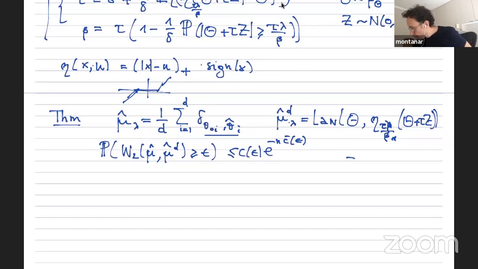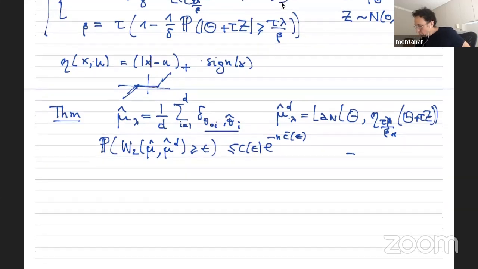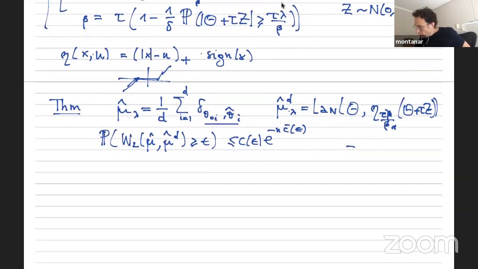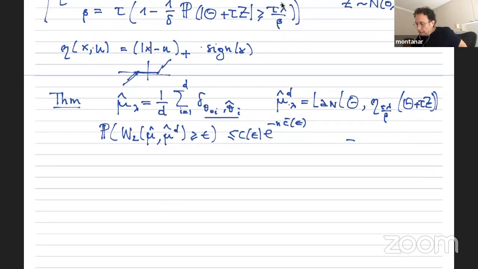One is theta, of course, and the other is eta applied to theta plus Gaussian noise. I'm sorry, here I messed up my formula. And then these two are close in the sense that their distributions are close, for instance, in Wasserstein distance.